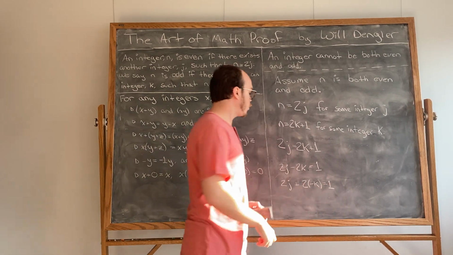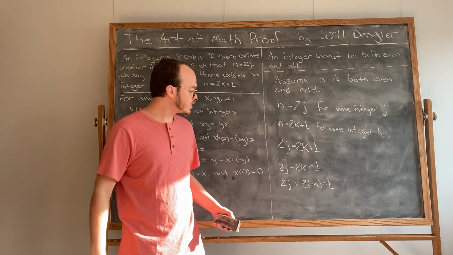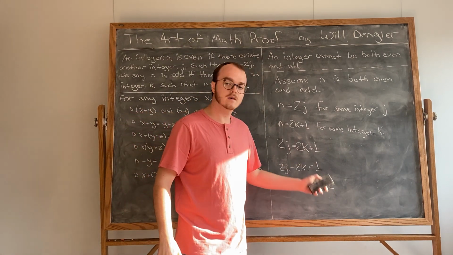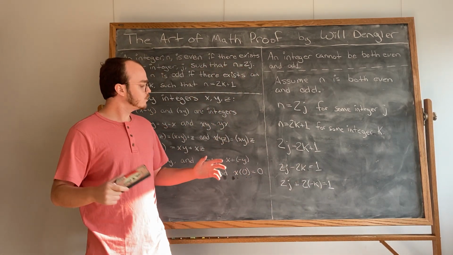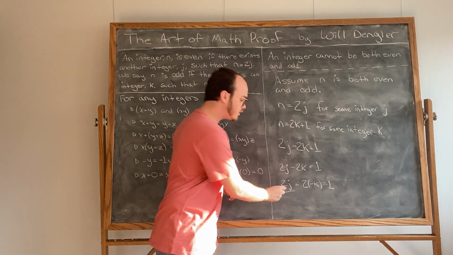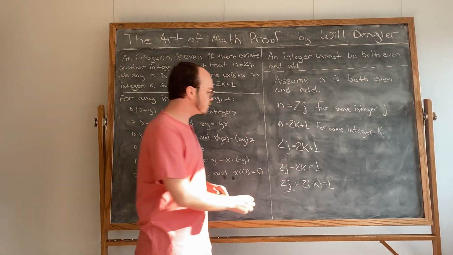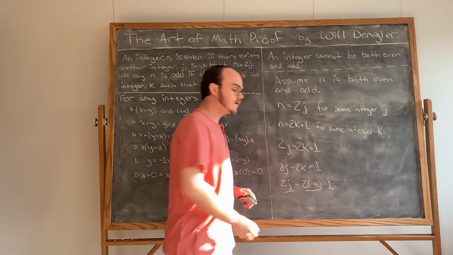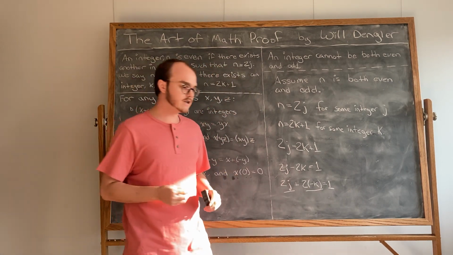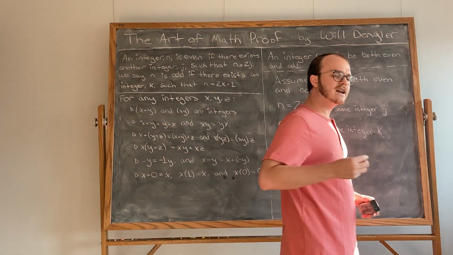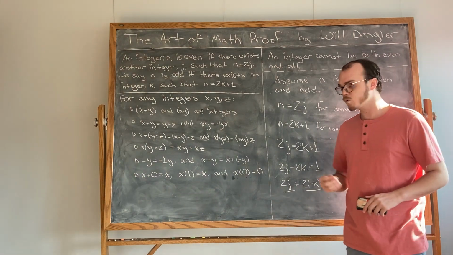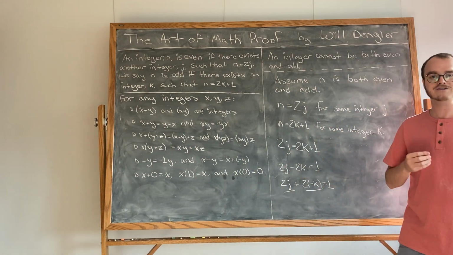Okay, so now we have that 1 is equal to 2 times j plus 2 times minus k. But wait a minute, 2 times j is an even integer, and 2 times minus k is also an even integer. But if we're adding together two even integers, we're gonna get another even integer.